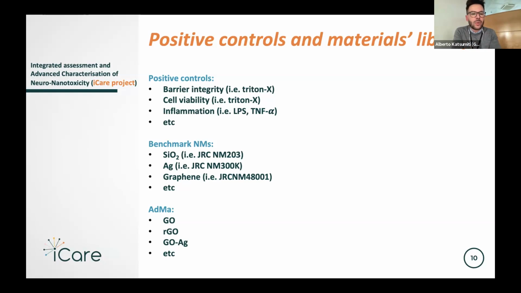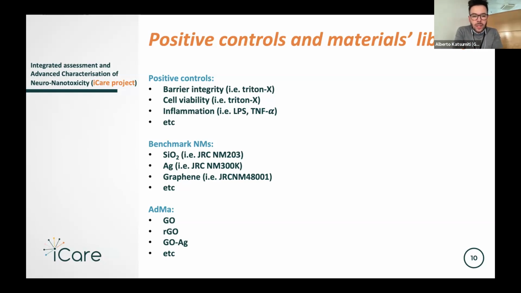For the benchmark materials that we are using in this project, we have, for example, silica particles from the JRC, NM-203. We have also silver nanoparticles from the JRC, and also graphene materials, also coming from the JRC. All the benchmarks are being considered as well, as I mentioned before, but the list is quite long, so I prefer to keep it short in this presentation.